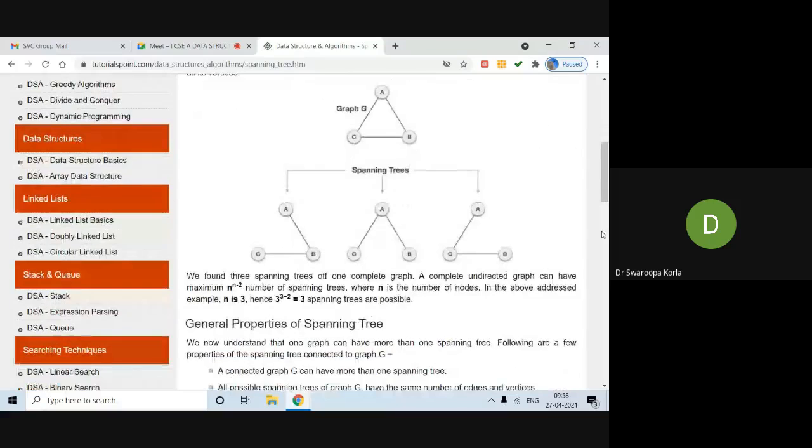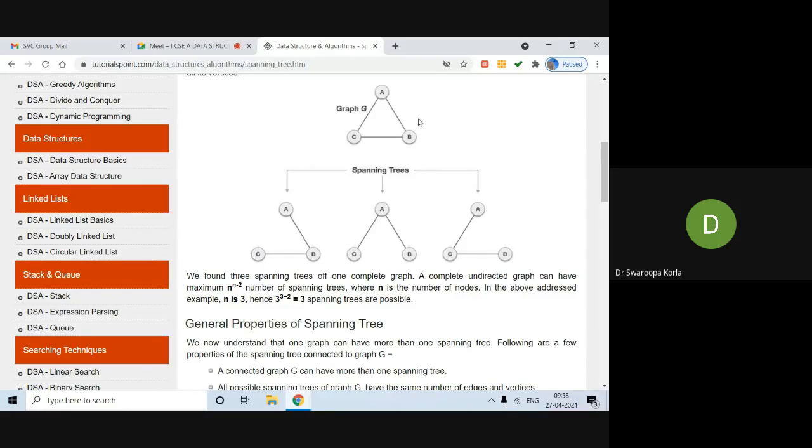Let us look at this example graph with vertices A, B, and C. This is a graph Z. So here the objective is we need to construct the spanning trees for the graph Z. One more important note: for a graph, you may have more than one spanning tree. It is not like a single spanning tree we can construct for a graph Z. You can have more than one.